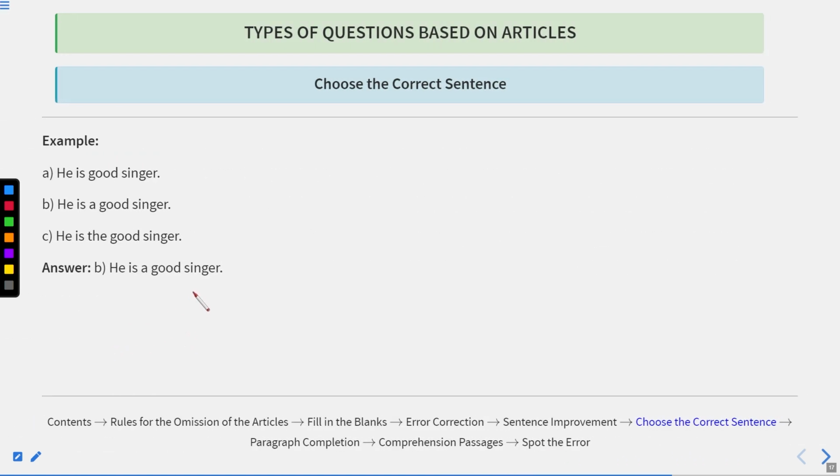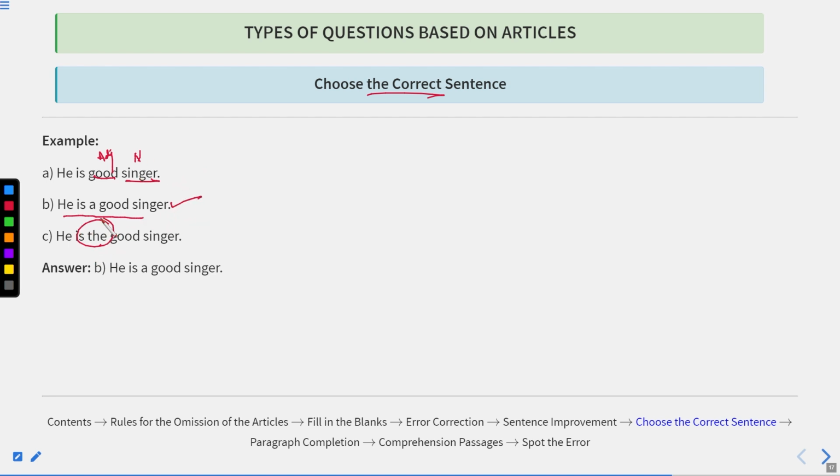Next, choose the correct sentence. So out of these four options we have to choose one. He is good singer. Now good is adjective, singer is noun. But as I told you, if this is the combination or series of the words in a sentence, we should use article before the adjective or the adverb. Okay, but noun is mandatory over there. He is a good singer. Yes, this is correct.